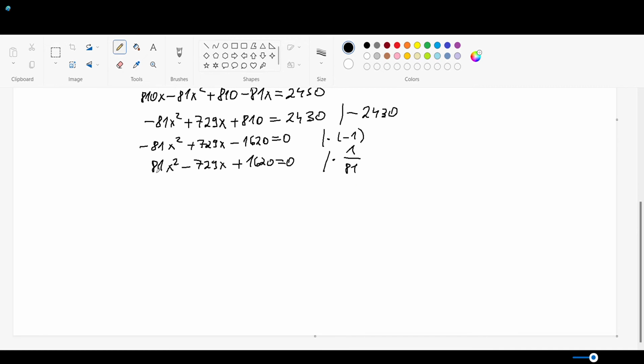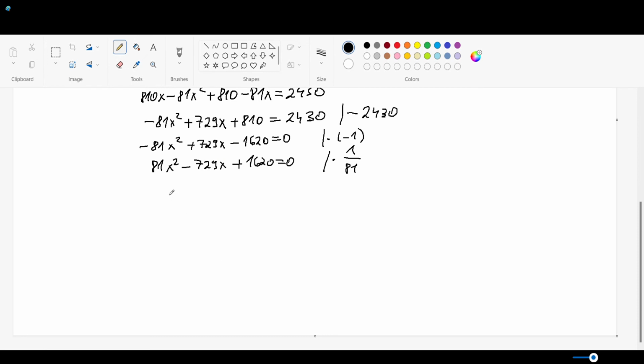We know already 81 times 1 over 81 is 1. But is 729 also divisible by 81? So let's try. 729 divided by 81, and look at this, it's number 9.